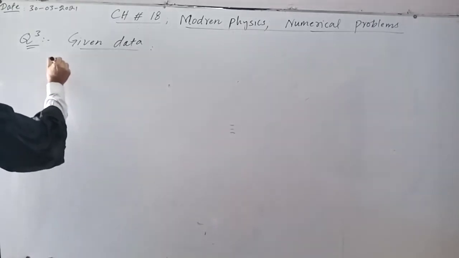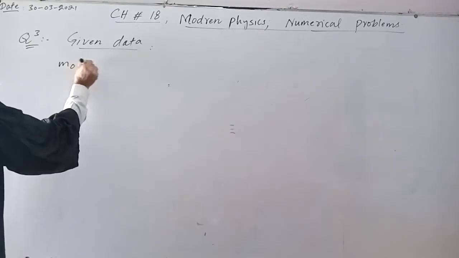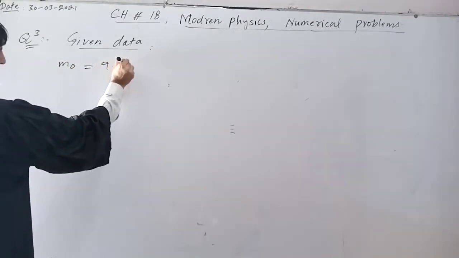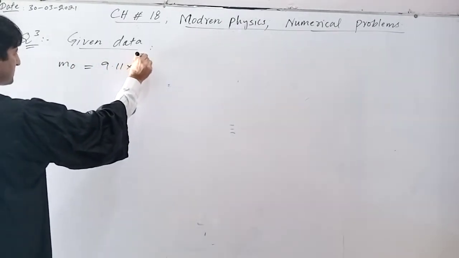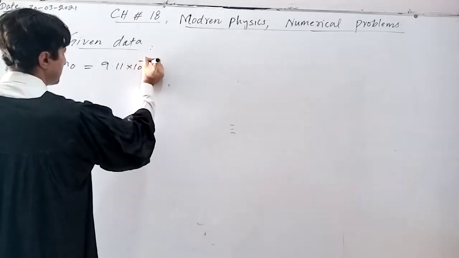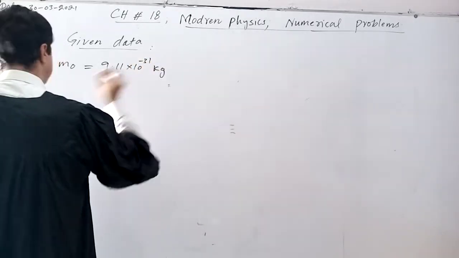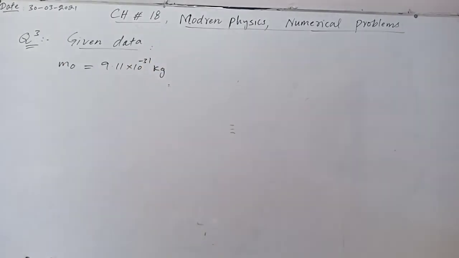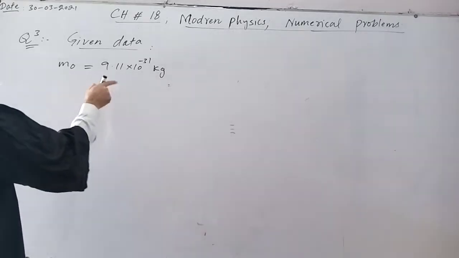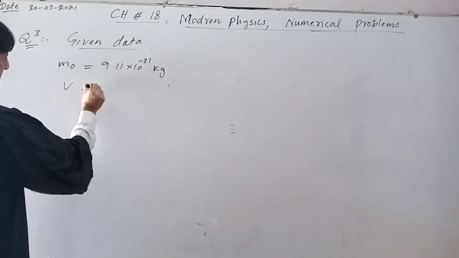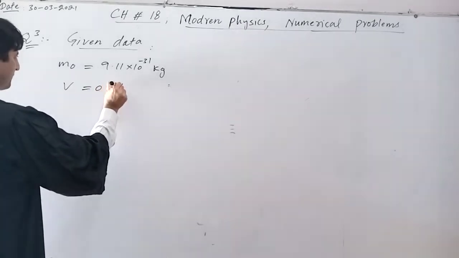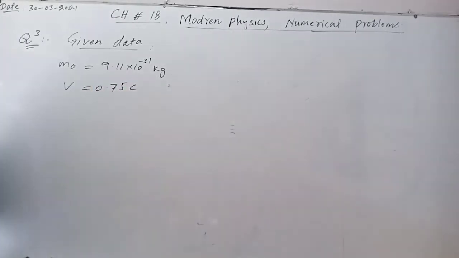This will be the rest mass of the electron. m naught equals 9.11 10 power minus 31 kg. This is the rest mass of the electron. It moves with the speed of 0.75 c. What is the speed? Speed of this electron is 0.75 into speed of light.